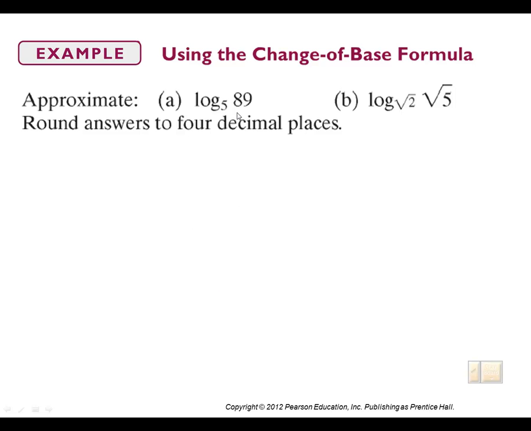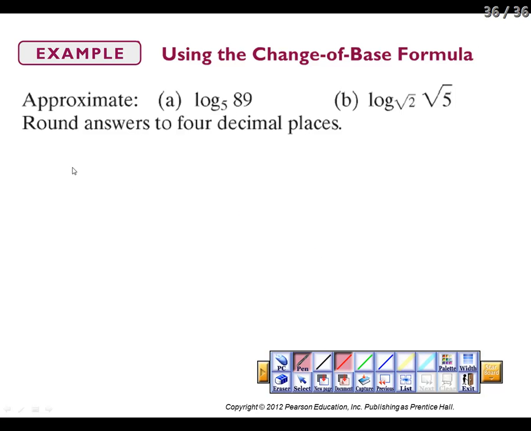Okay, so here we're going to use the change of base formula. In this first one, if we're looking at log 89 base 5, well, our calculator does not have base 5. It only has base 10, or natural log, base e. So we have to change this to log 89 base 10 over log 5 base 10.